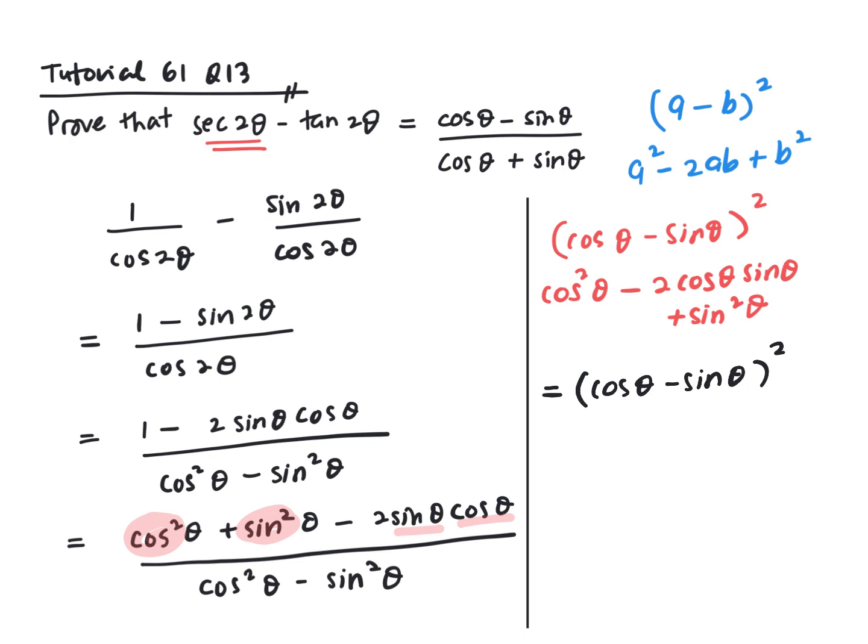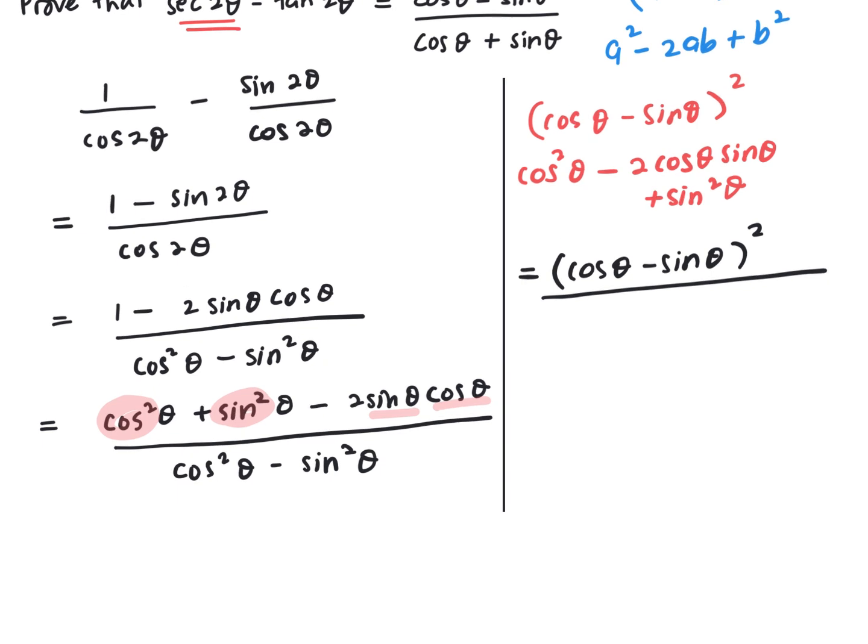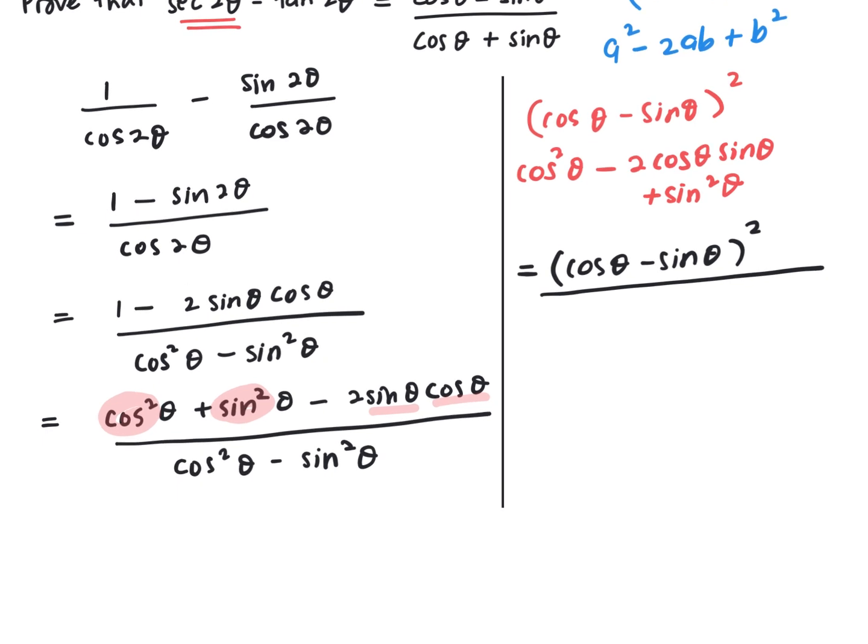Now the term for the denominator. Again we need to recall the idea of factorization. In terms of cos square theta minus sin square theta, if you have a square minus b square, this should be a plus b and a minus b.